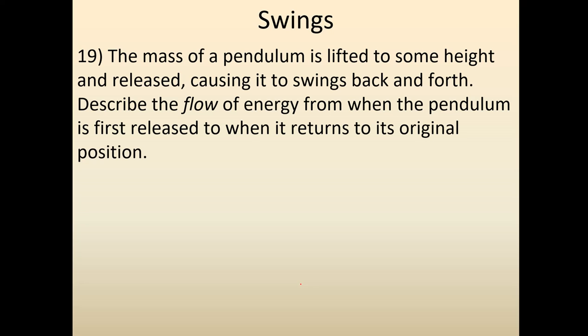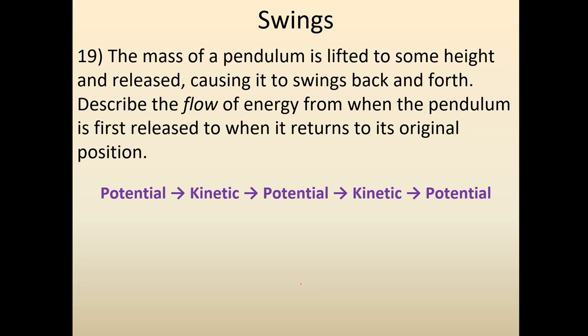All right, so the flow of energy is potential to kinetic to potential to kinetic to potential. Now, to kind of illustrate this, in the beginning we had the pendulum raised at some height. It then flies down until it gets to that equilibrium point. This is where it has all kinetic.